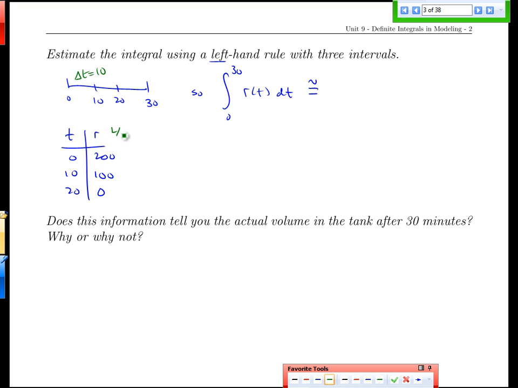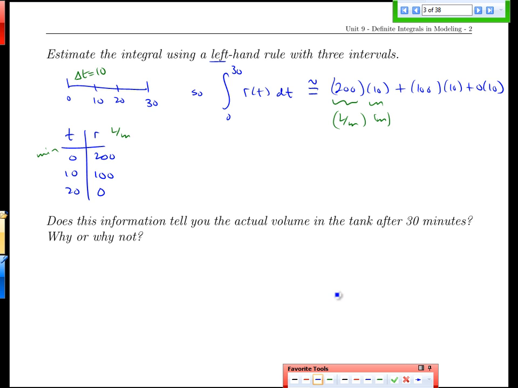So this is liters per minute, this is minutes. We can approximate the total volume that's been added or subtracted. In fact, it's all added because all of these are positive, as 200 times 10 plus 100 times 10 plus 0 times 10. And these are all liters per minute times minutes.